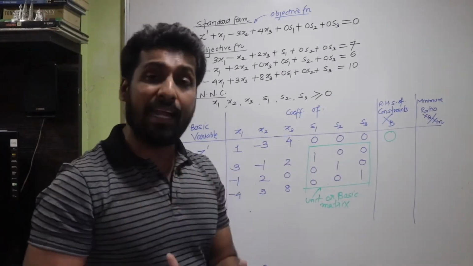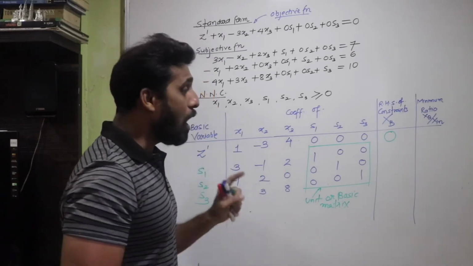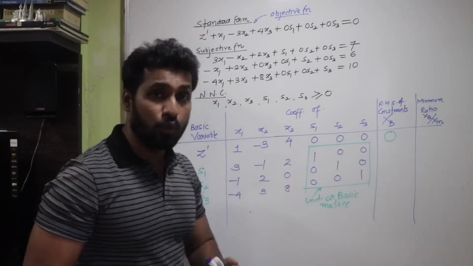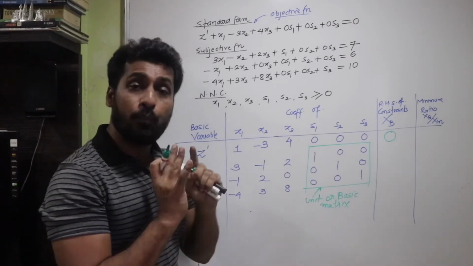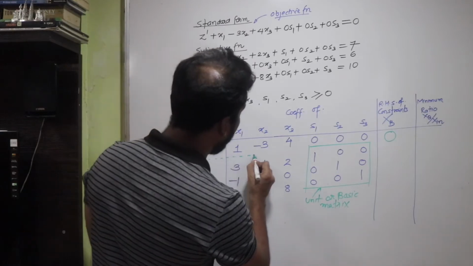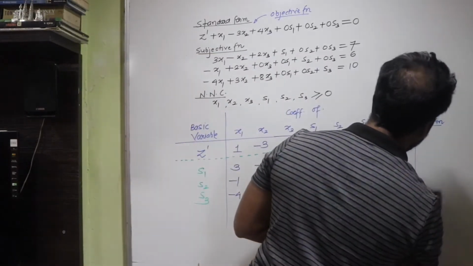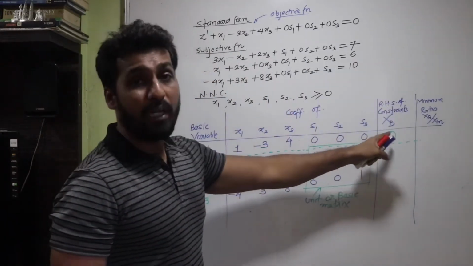Now this can be the maximum value or the minimum value depending on the question, isn't it? But now I have to check whether this is the optimum solution or not, and it will be told by the entire row of z dash. The row of z dash will specify whether we have got the optimum solution or not.